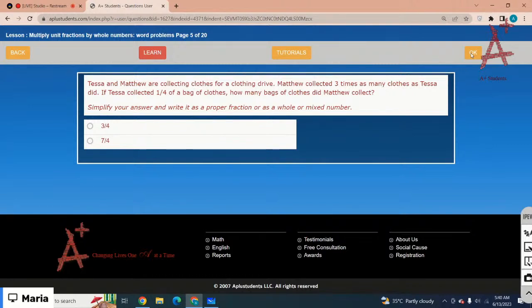Very good. That would be 3 over 4. The correct option is 3 over 4. Very good.